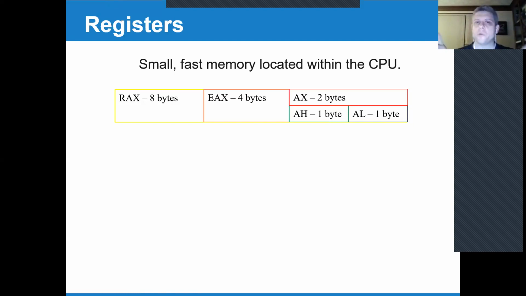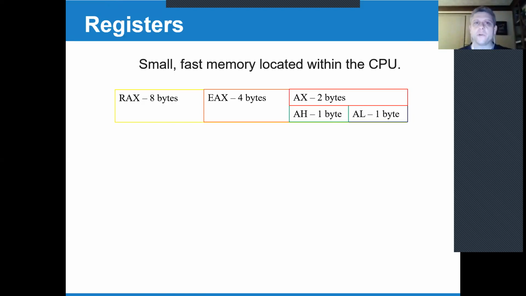And then from there, you can represent or address the lower 2 bytes of the EAX register by calling AX, and then you can split those 2 bytes off into AH and AL, each of which are 1 byte.